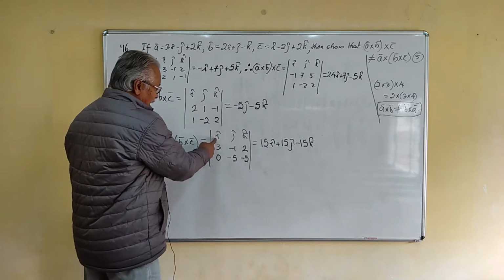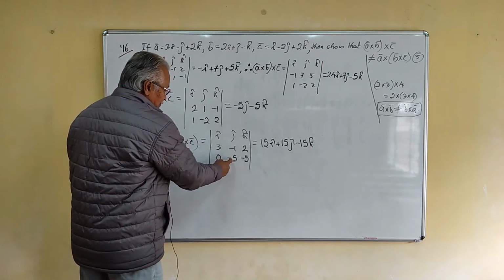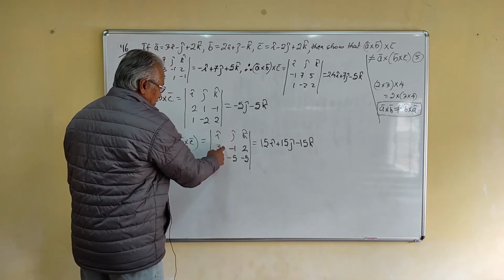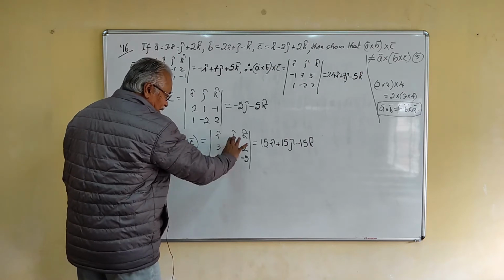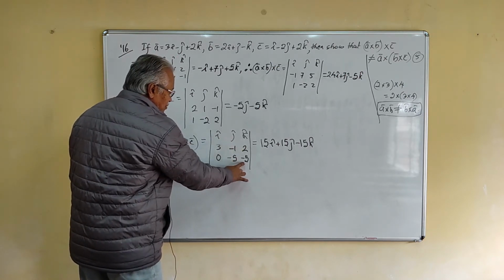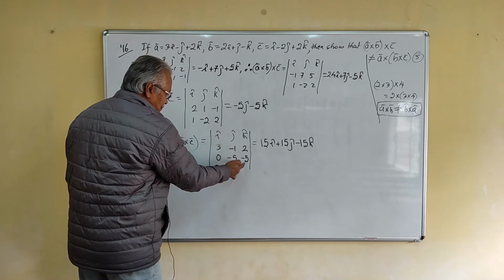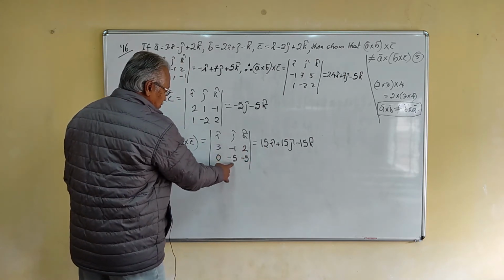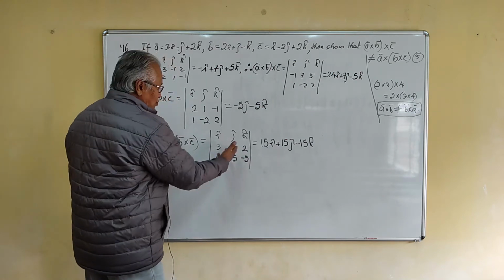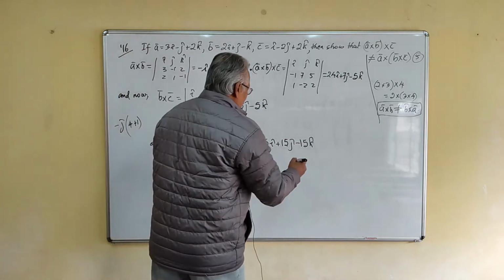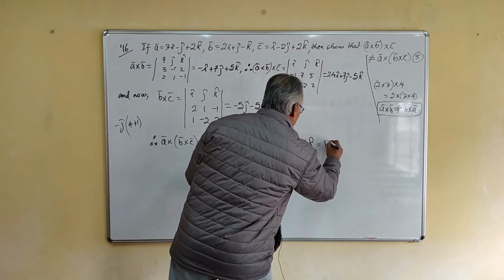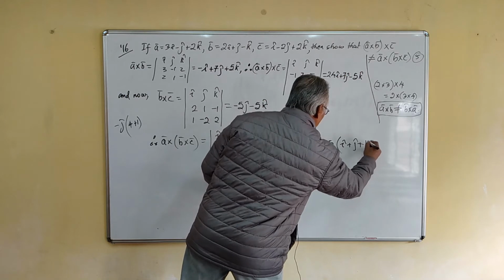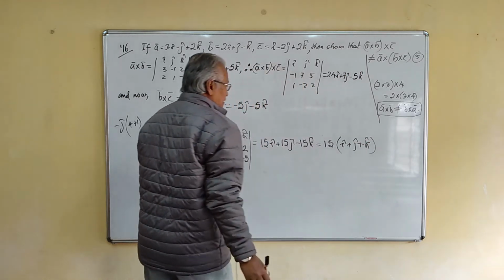Check once again. i: 5 plus 10, that will be 15i. j: that is minus j, 3 into minus 5 is minus 15, minus of minus 15 will be plus 15. k times minus 15 minus 0, so minus 15k. So that will be equal to what? 15 can be taken common, and i plus j plus k will take the place in the bracket.